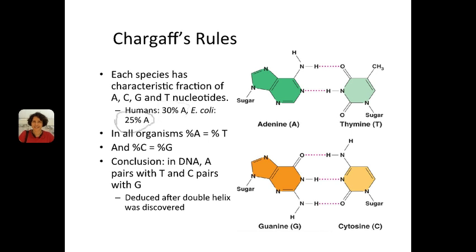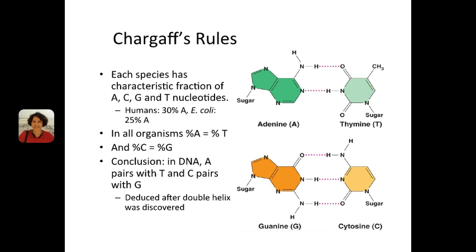Then another point was that even though each species has their own characteristic fraction of A, C, G, and T, in all of these organisms, the percentage of A is the same as the percentage of T, and the percentage of C was the same as the percentage of G. In other words, coming back to the humans that have 30% A, if the percentage of A is the same as of T, then it means that we have 30% A and also 30% T. If you want to calculate the percentages of the other two nucleotides, you would subtract the 30 plus 30 from the A plus T from 100%.